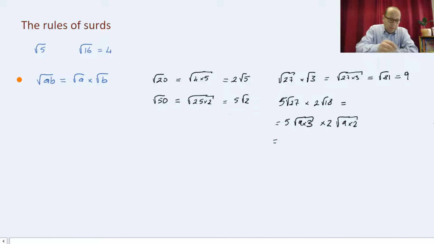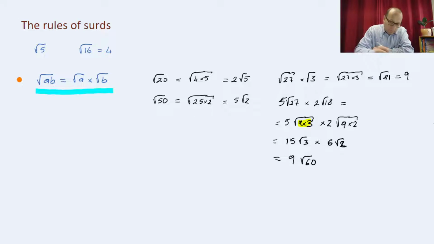Square root of 9 here is 3. Multiply by 5 in the front, that's 15 root 3. Square root of 9 is 3, multiply by 2 in the front, that's just 6. So that will be 6 root 2. 15 times 6 is 90. Root 3 times root 2 is just root 6.